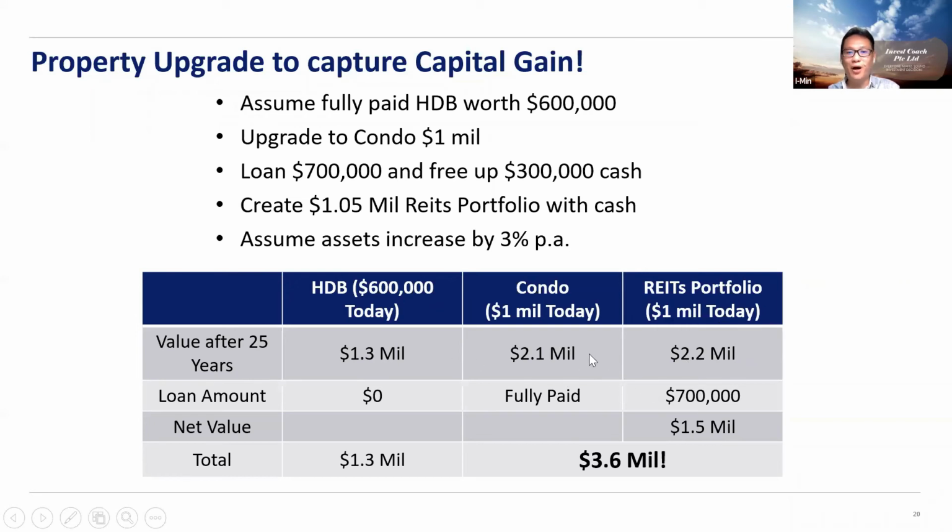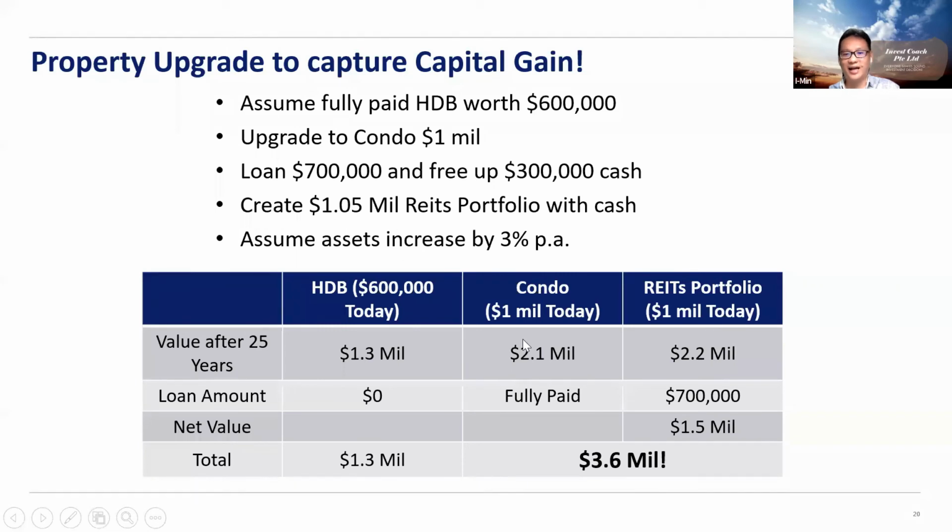Meanwhile, during the 25 years, the dividend from these REITs is used to pay off the mortgage. So 25 years later, this one is fully paid. Obviously, down here, my loan is still not paid. That means I still owe the broker several thousand. But if my REITs become 2.2, I sell the REITs and pay off, I got 1.5 million.